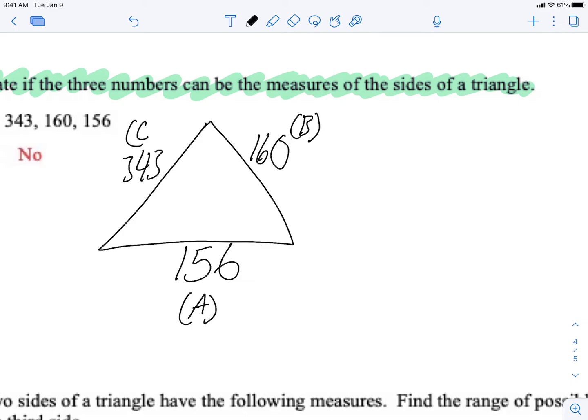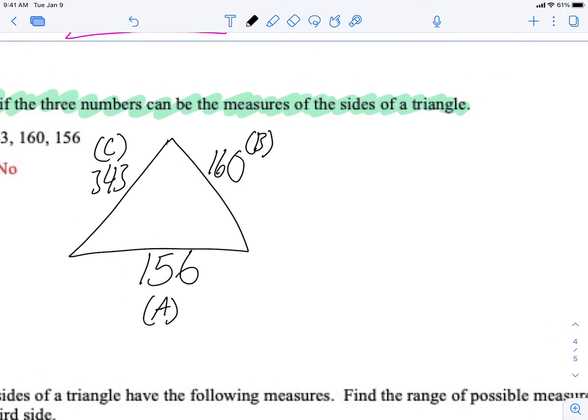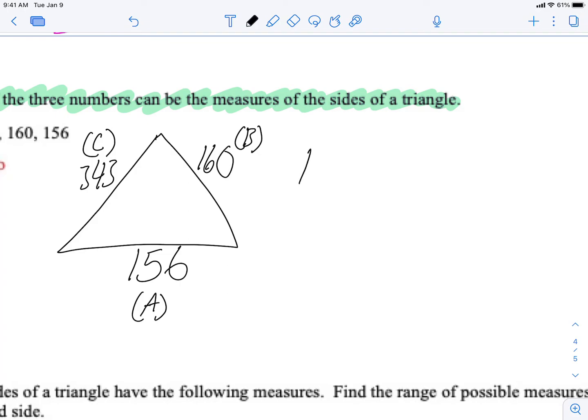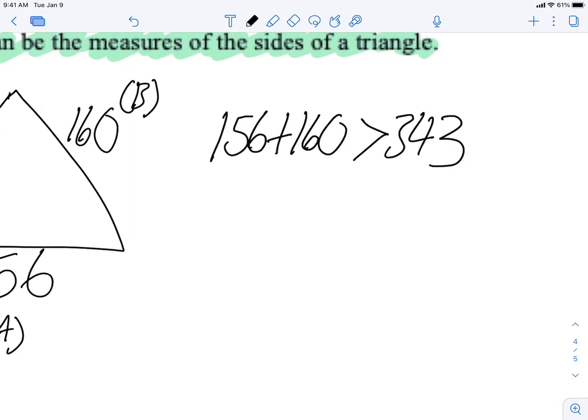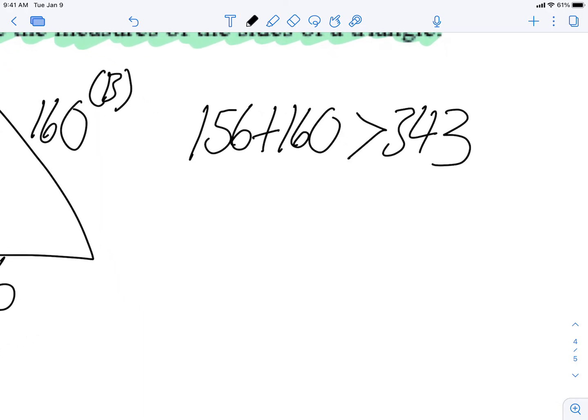And we're going to identify our, this is our A, this is our B, and this is our C. Now remember, we need 3 checks, right? So first we're going to do A plus B. 156 plus 160 is greater than 343. So when you add 2 sides, those 2 sides have to be bigger than the third side. Okay? So 156 plus 160 is 316.